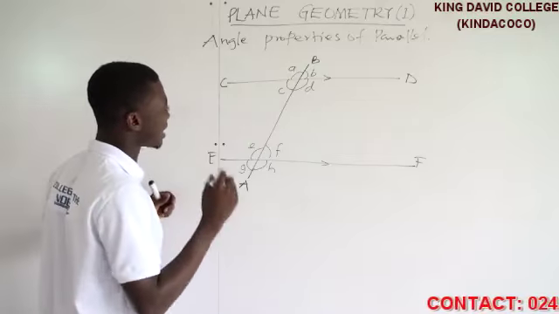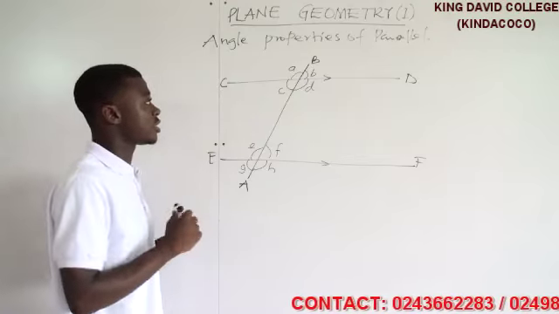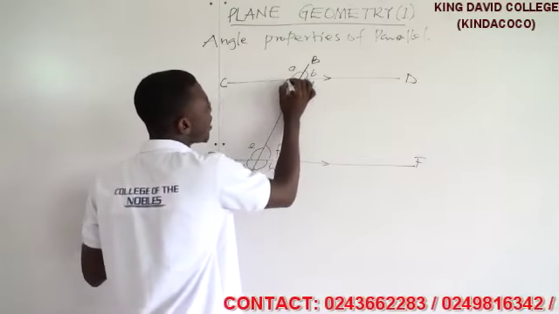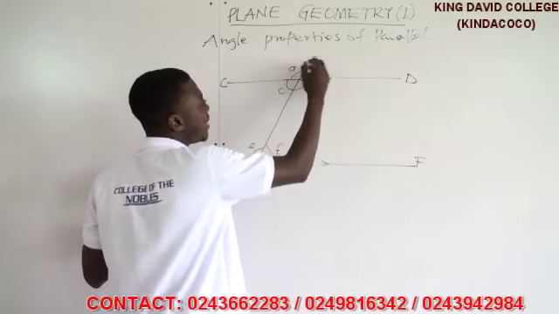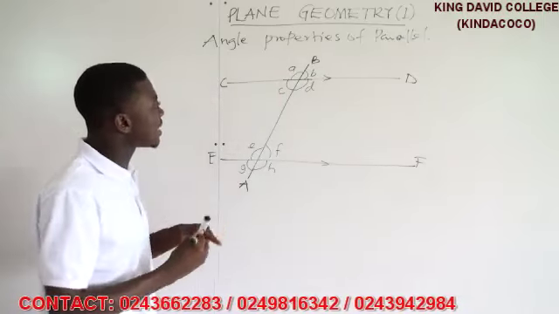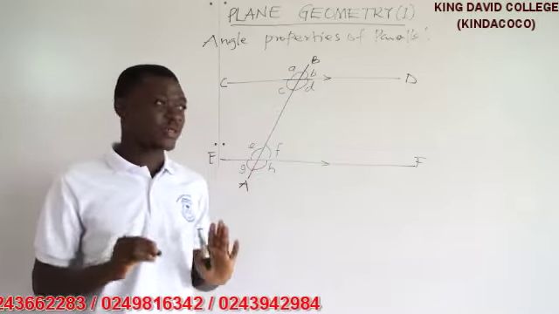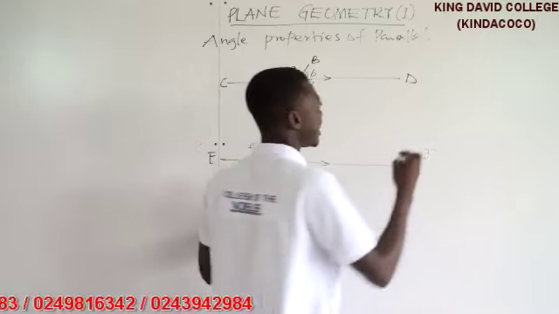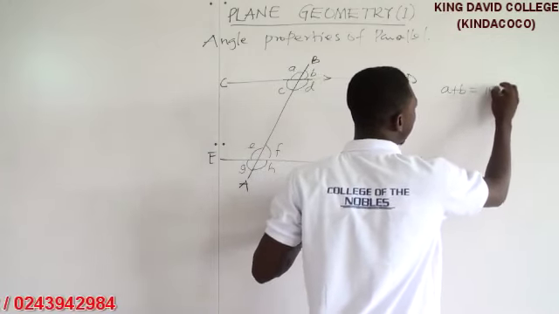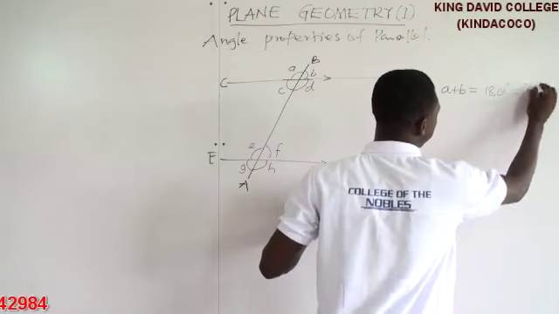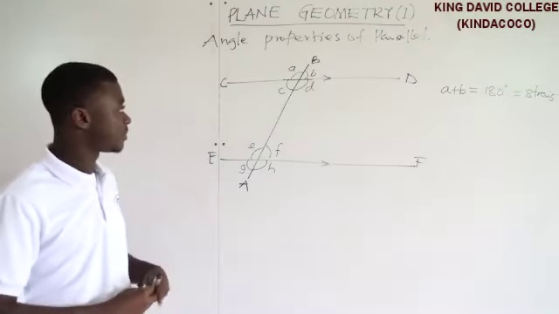When you look at positions, the very first one we can clearly see, the first demonstration, is A and B. You realize that A and B are formed on a straight line. So we know that A plus B is going to give us 180 degrees. So angles on a straight line. We are aware of that.